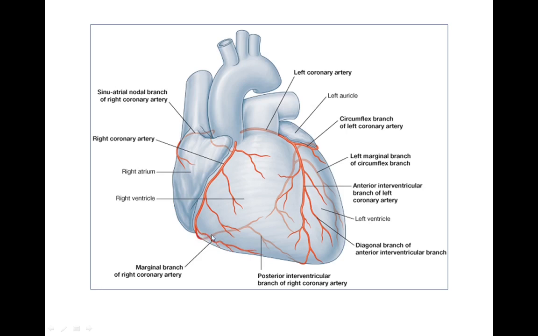It goes posteriorly, meaning at the junction between the base of the heart and the diaphragmatic surface, because this is our diaphragmatic surface. So it goes backwards and traverses through the atrioventricular sulcus, or coronary sulcus, on the posterior aspect. Clear?